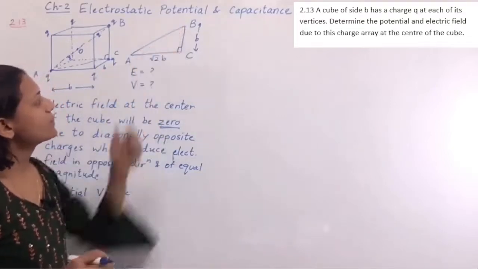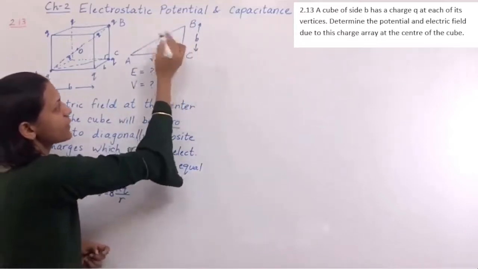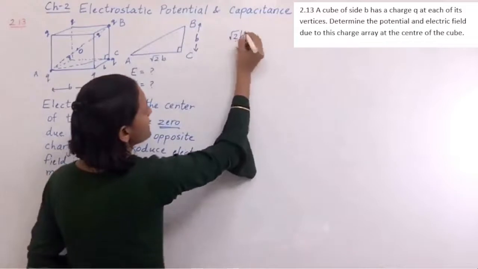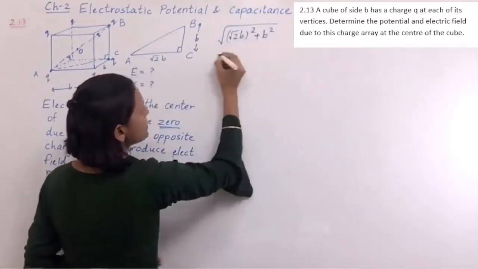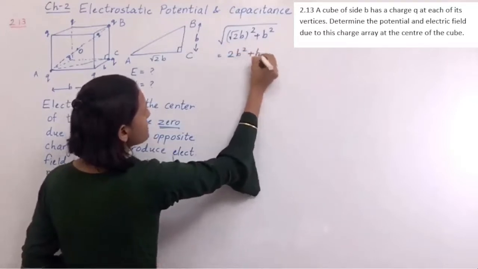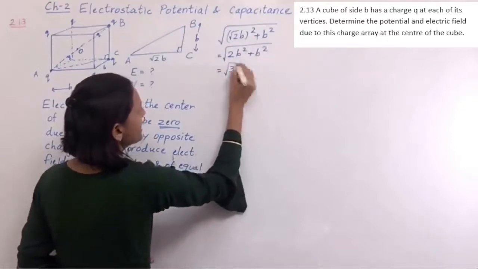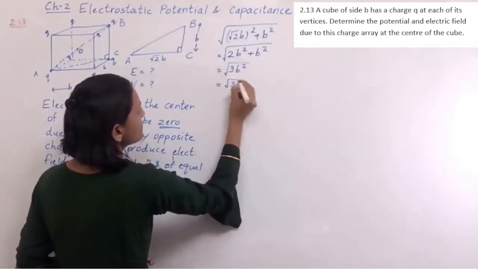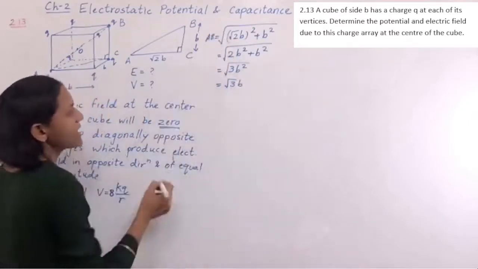Now this hypotenuse will be root of (root 2 b) square plus b square. So this will be 2b square plus b square, that means 3b square, and its root, that means root 3 b. This is the length of side AB.